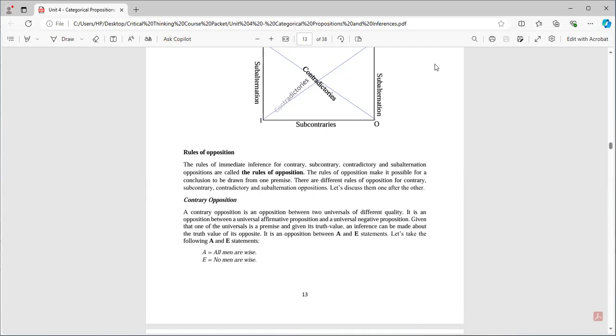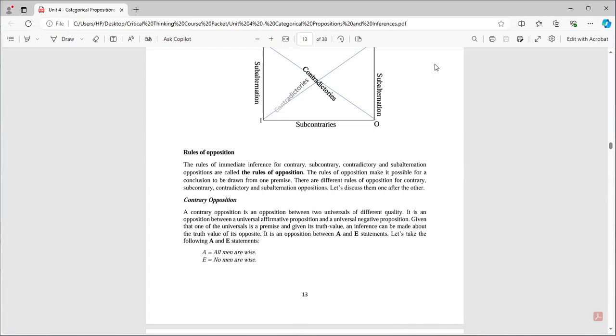What will be the truth value of our conclusion, no men are wise? Will it be true or false? Here we are interested in true or false. Hello? Oh, you're not getting it. No, sir, you are a little bit confused.